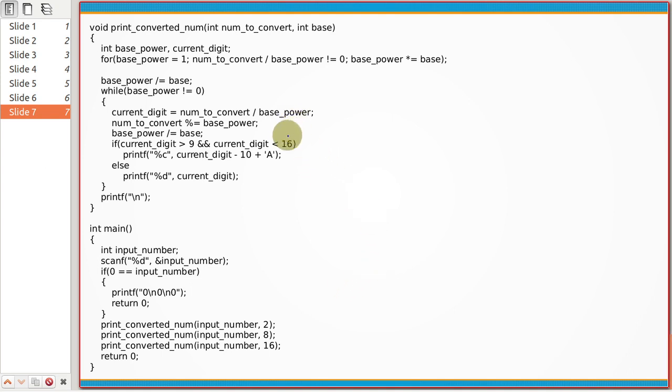Okay, so this is the code with which I am trying to do exactly the same thing. So basically I am scanning the input number and I am treating the special case of value 0, that if input is 0, then I output 0 0 0 in the answer, because zeros of binary, octal and hexadecimal would be 0.